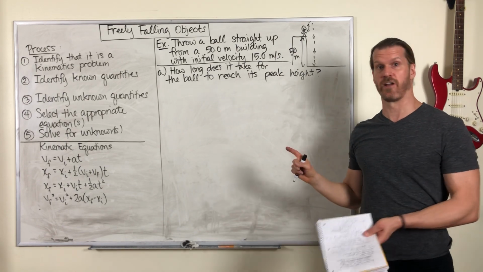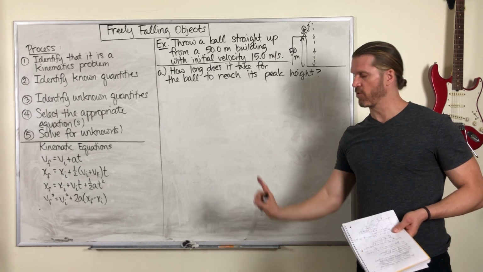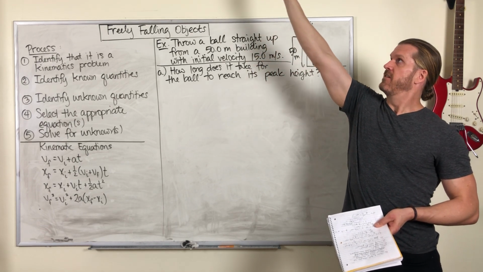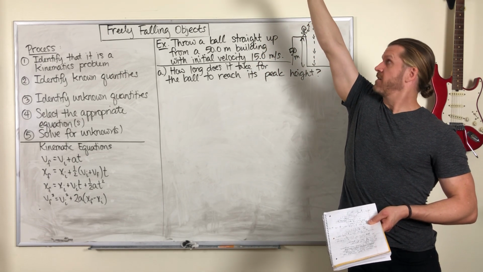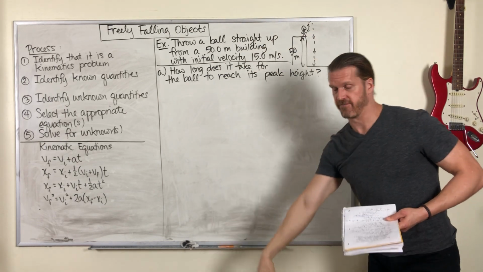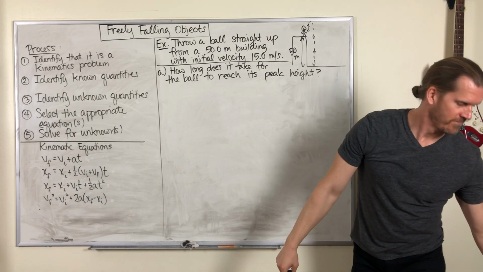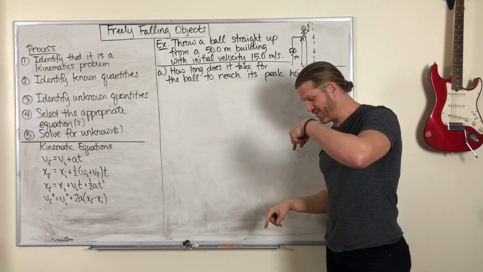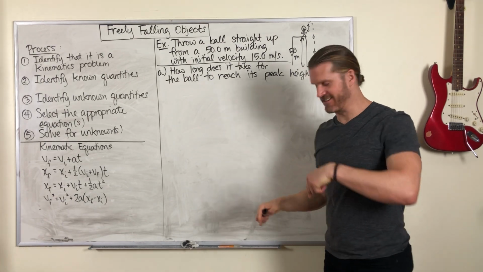You can think of the velocity vector, by the way. When you first throw it, the velocity vector is pointing up. It's slowing down, reaches the peak, and then the velocity vector flips direction, and now that velocity is pointing down. Acceleration vector, by the way, is pointing down the whole time because this is Earth's gravity.